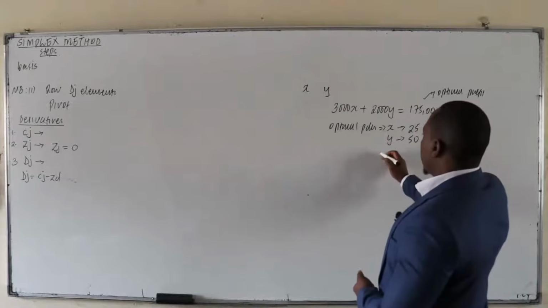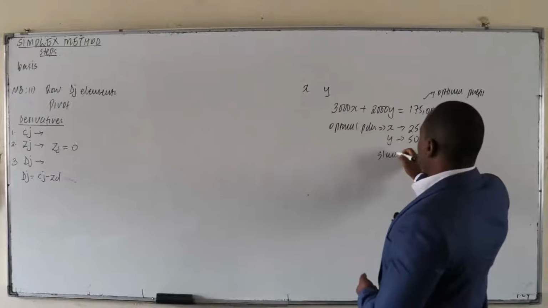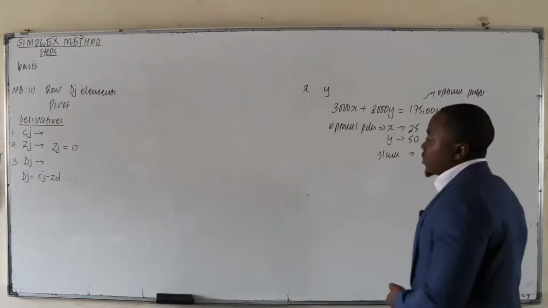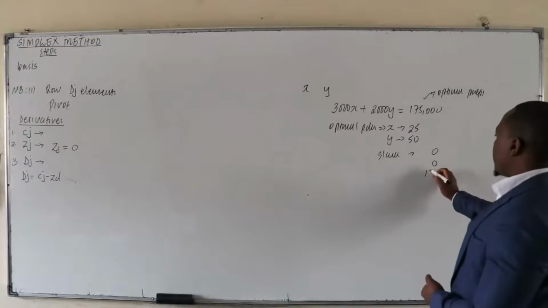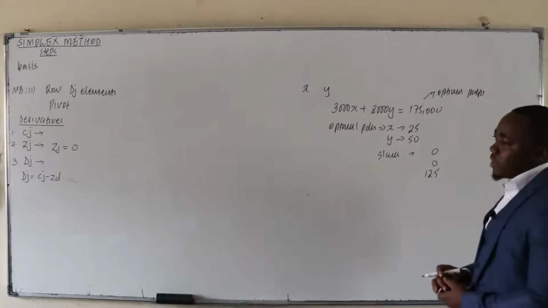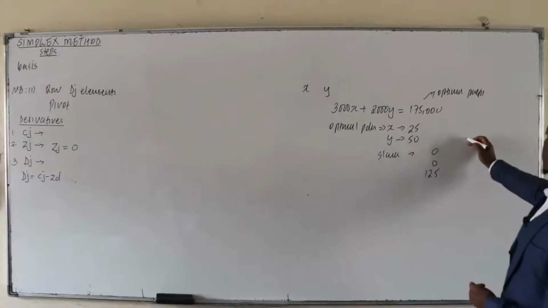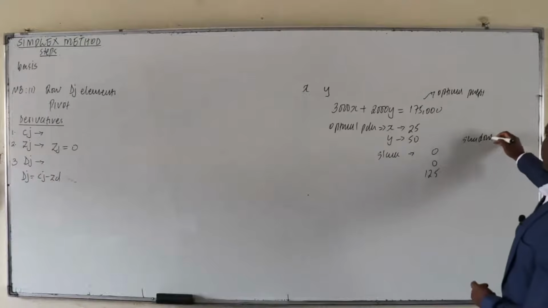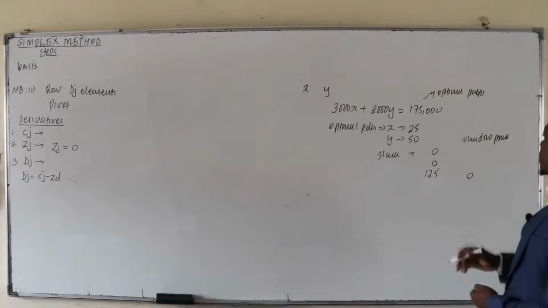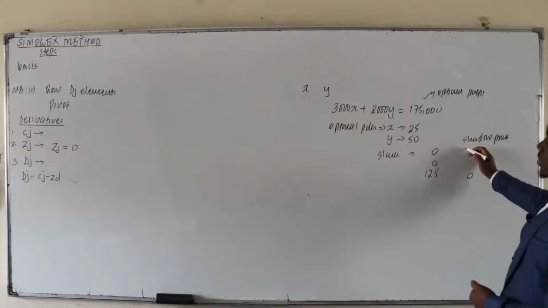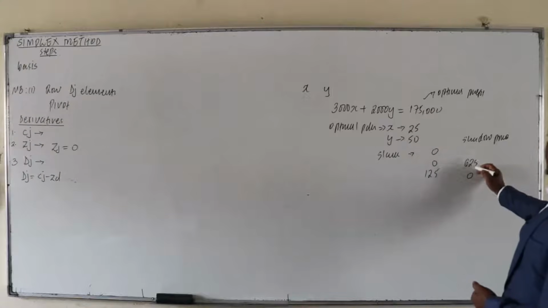Of which we also computed the slack for the resources, of which for the binding resources was 0, and then for labor was 125. We also computed the shadow price, while the shadow price for non-binding is 0. This one we got, was it 625? The first one was 250.